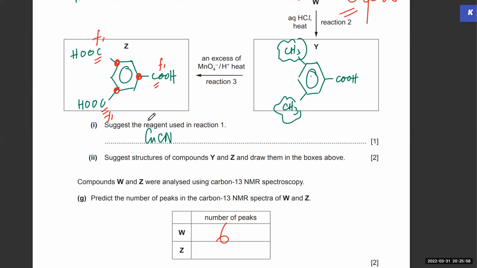They're all the same environment, so they would resonate at the same frequency. And then you have this one, and this one. They're also the same environment, so they would all resonate together at the same frequency, F3. So there would be 3 environments, 3 peaks. Is that clear?